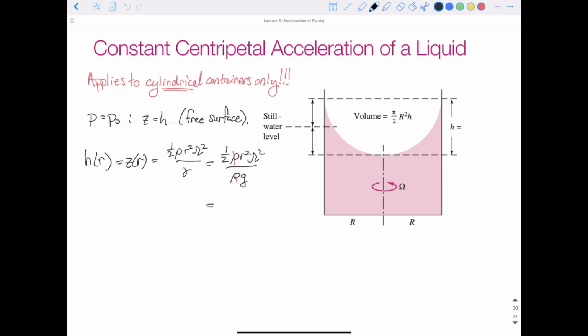Finally, we're left with omega squared over 2G times R squared. So the equation of this surface, H as a function of R, is equal to omega squared over 2G R squared. So that is the equation of our free surface.